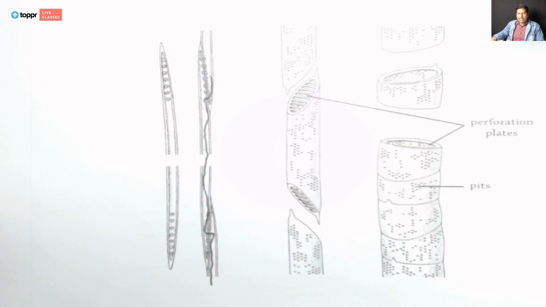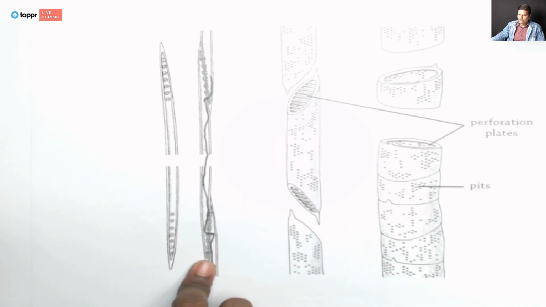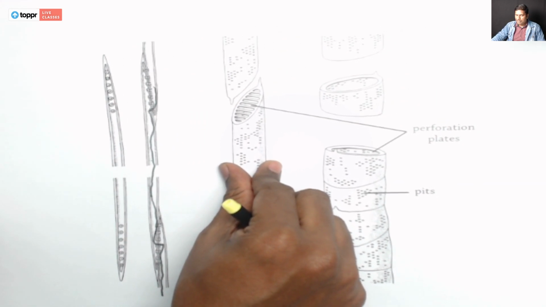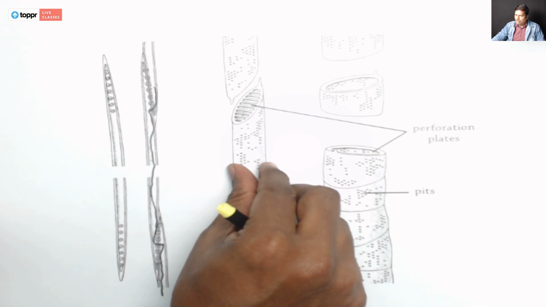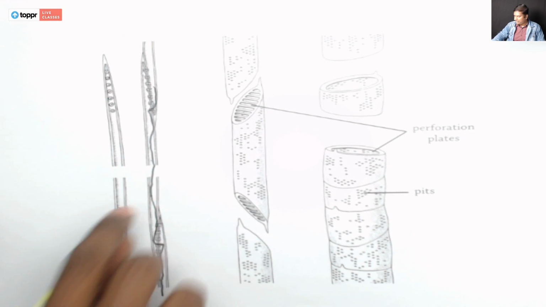So this is how the entire thing is interconnected, and these are hollow cells. Now vessels are also hollow. They are a bit bigger than your tracheids.